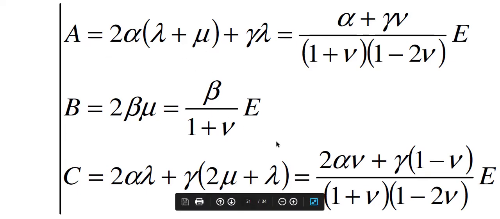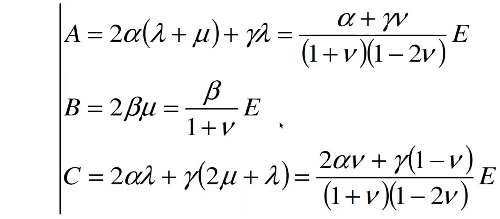Why? Because this constant delta represents a non-deformable solid displacement along the longitudinal direction of the shell. Mathematically, it will disappear during the derivation of the longitudinal displacement uz.